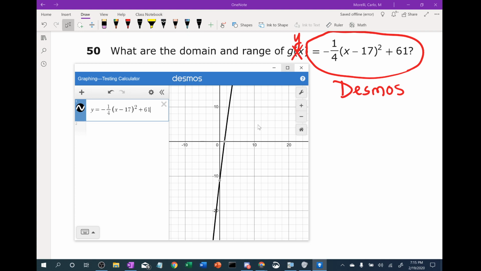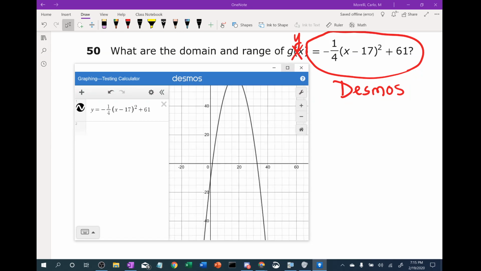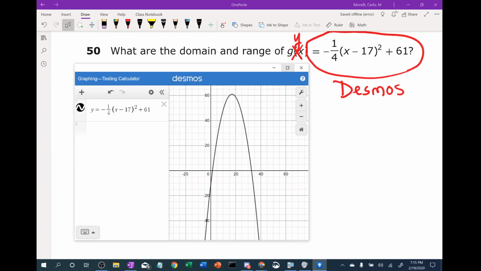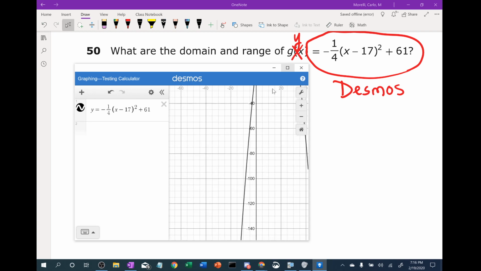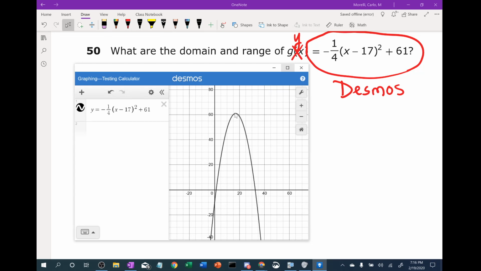So we need to zoom out. And the domain is the easy part. It's going to be all real numbers. The range, however, because this is pointing down, we click on the top of the graph, and we see it's 17 comma 61.